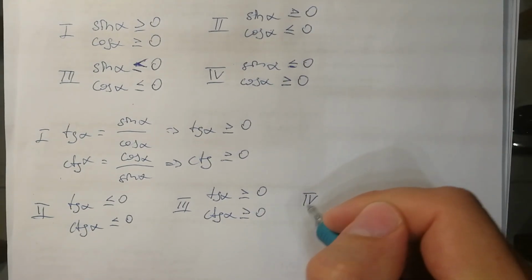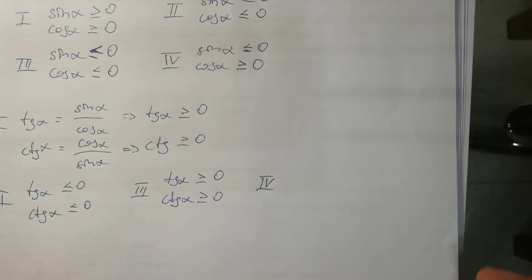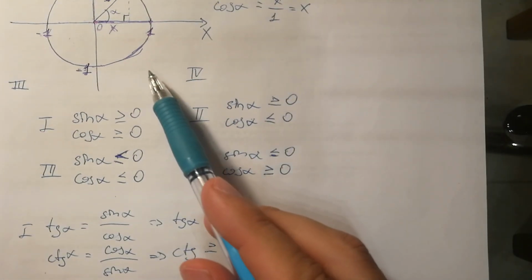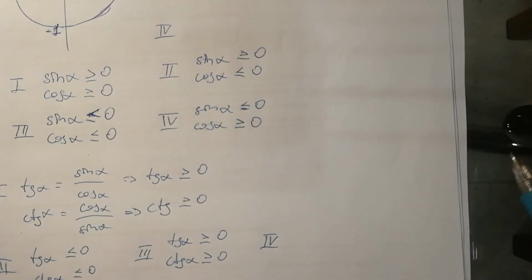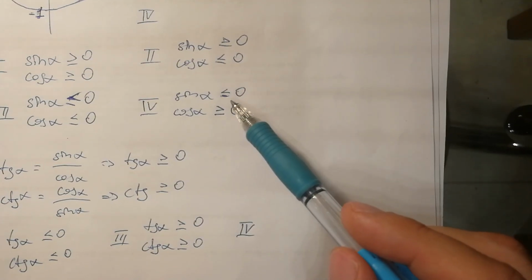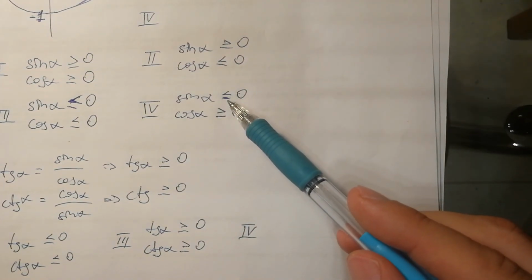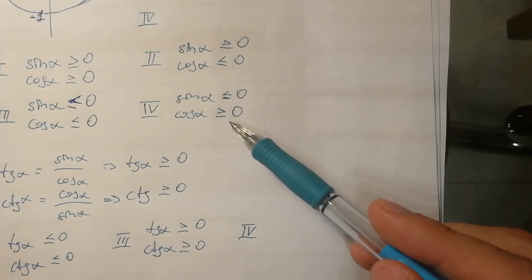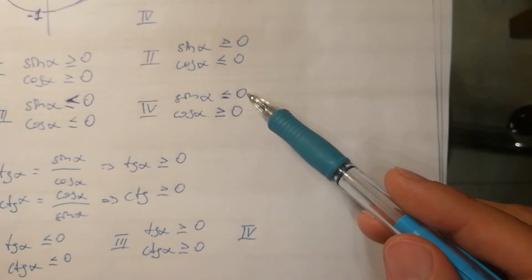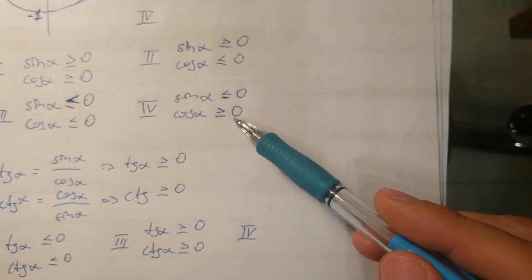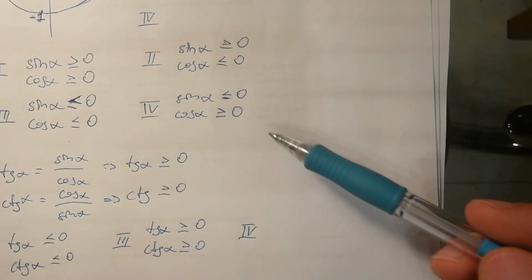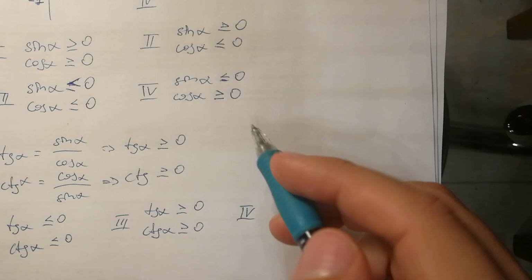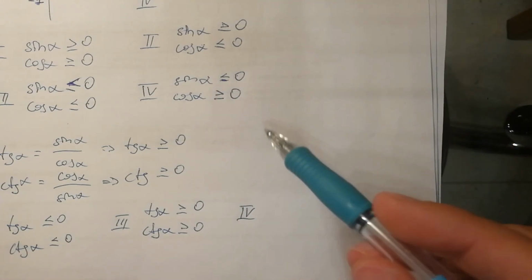And finally, for the fourth quarter, we have one value less than or equal to 0 and another value more or equal to 0. This means that we divide negative by positive and we should obtain negative, or the reciprocal, no matter.